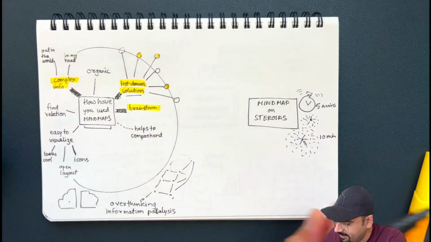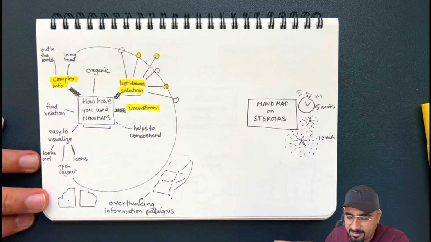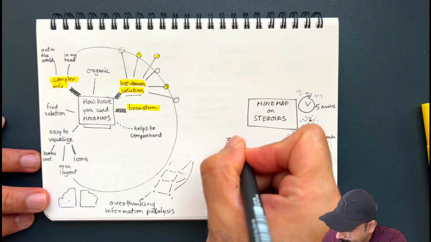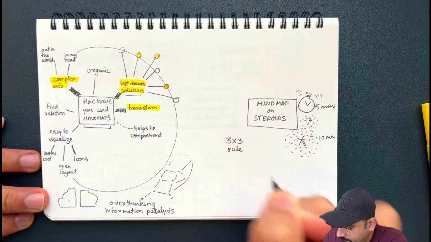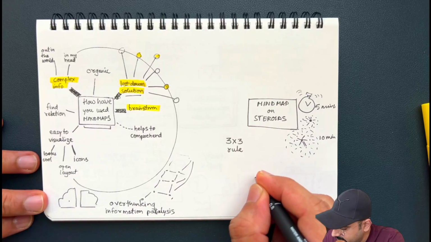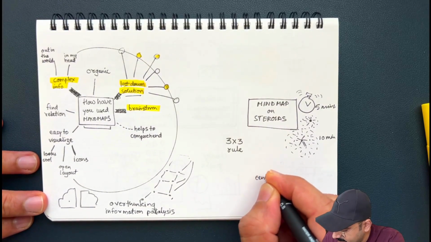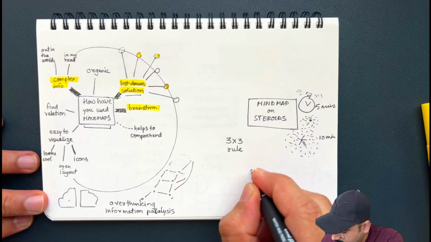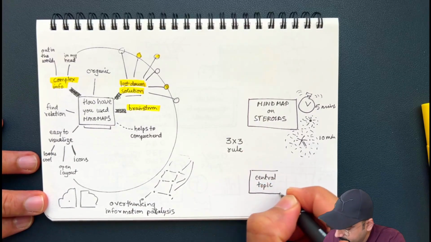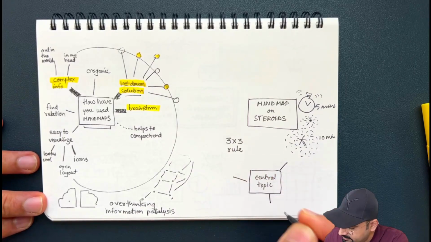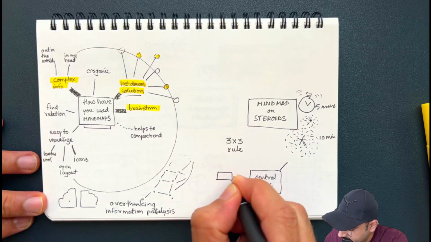Another way is, when you begin, you follow a 3 by 3 rule. Which is, let's say when you are writing down a central topic, you think for some time, and then you just write three topics or three ideas related to it.